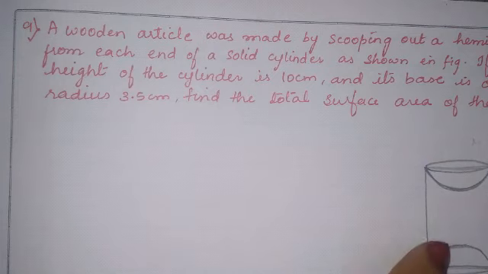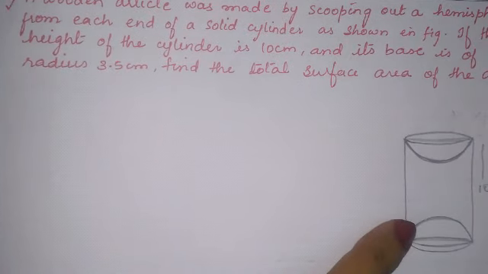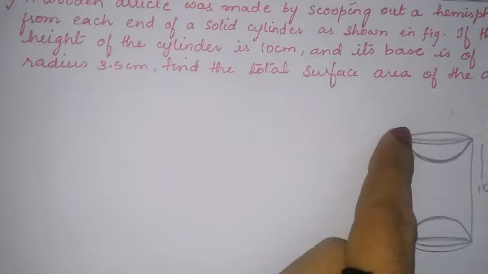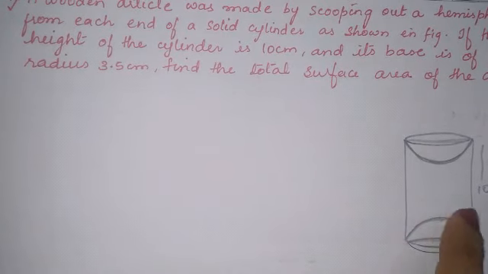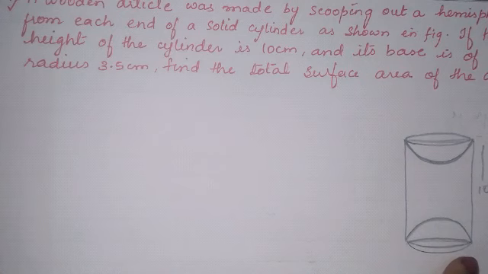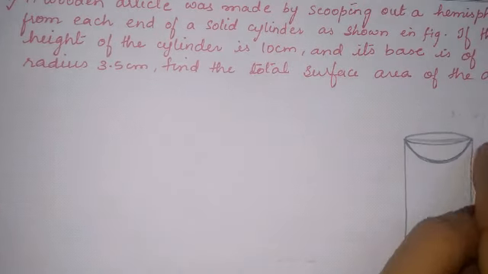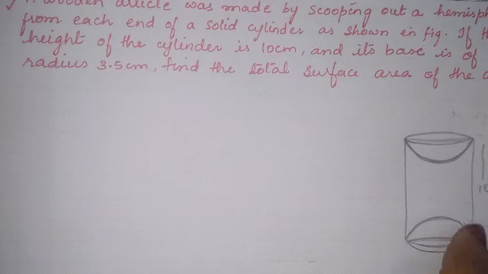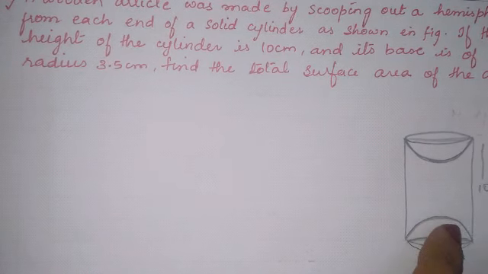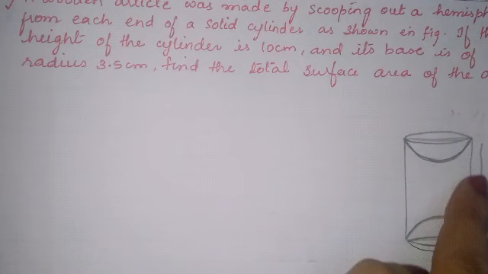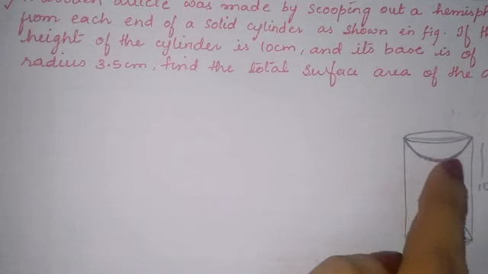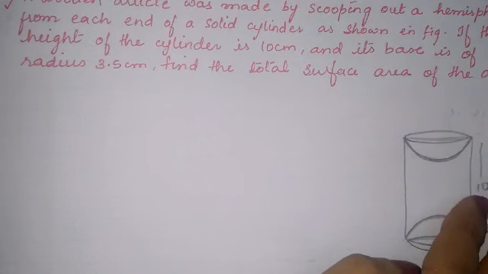A wooden article of a cylindrical shape is made. What they are saying is that from this wooden article, 2 hemispherical shapes are taken out. Taken out means removed. Scooping out, it is removed. But what they are saying is, find the remaining total surface area of the article.